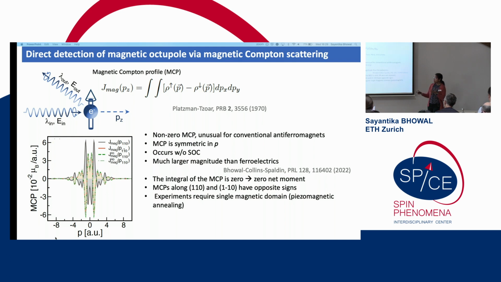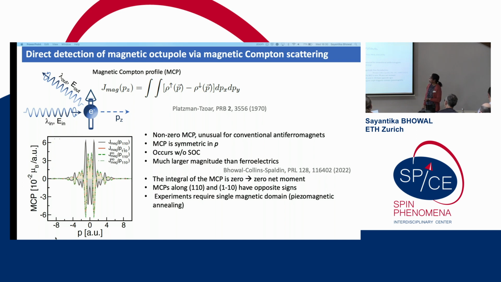And this is a signature of this unconventional spin splitting. So this can be used for the experimental verification of this unconventional spin splitting driven by magnetic octupoles. And of course, for the experiments, we need a single magnetic domain.